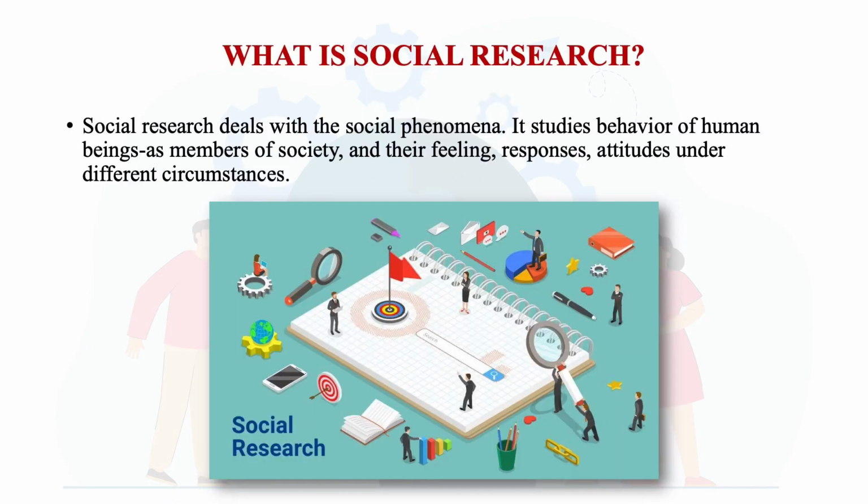What is social research? Social research deals with social phenomena. It studies the behavior of human beings as members of society and their feelings, responses, attitudes under different circumstances. A human being, as I mentioned, is very dynamic, unpredictable. Today they behave some way, tomorrow another way.